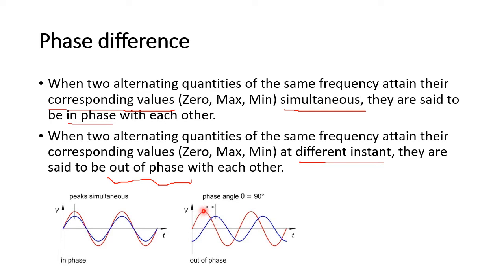At this point the red wave reaches the maximum value, but the blue wave reaches the maximum value at this instant. So there is a time difference between the two maximum points. By observing this waveform, they attain their corresponding values at different instants. That's why we call it out of phase. So this is the example for out of phase. This one is in phase.